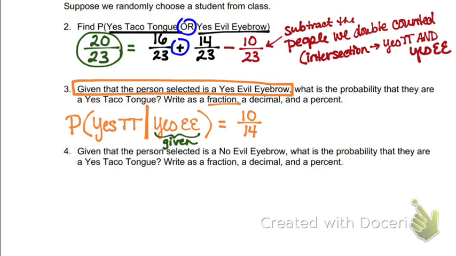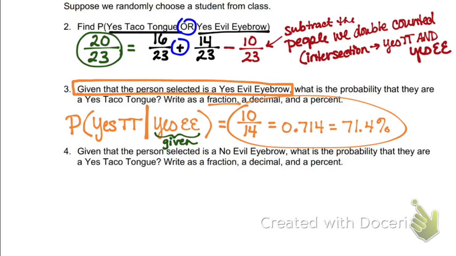With probabilities, we want at least 3. Sometimes we want that 4th one. What would this be out to 3 decimal places? 0.714. And so as a percent, 71.4%.